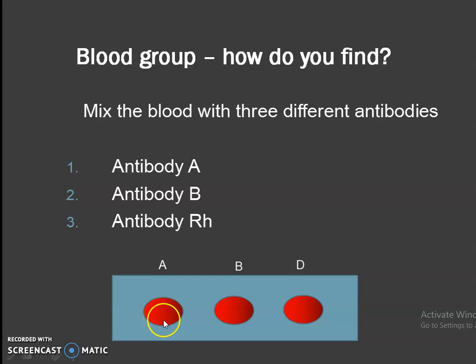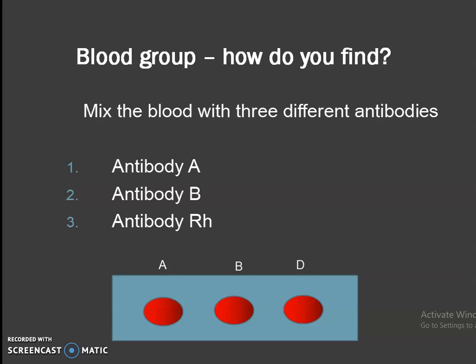Add 1 drop of A antibodies in the first, B antibodies in the second, and Rh antibodies in the last groove D. Then add 1 drop of blood in the first, 1 drop of blood in the B, and 1 drop of blood in the D.